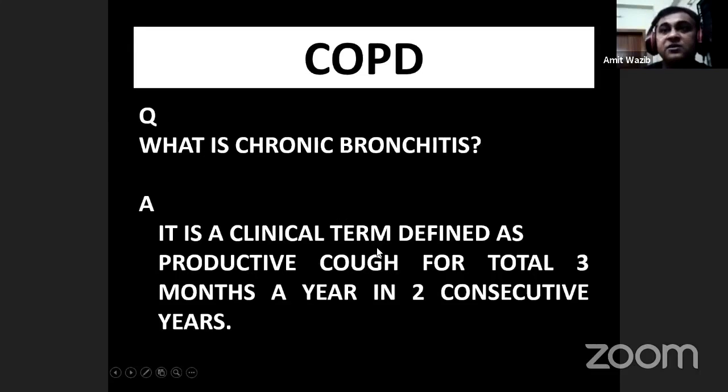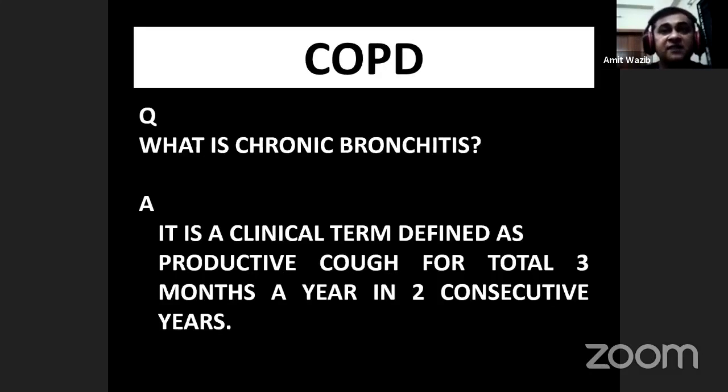So the cough with expectoration, cough with sputum production, it may not be continuously 3 months. It may be 1 month, then half month, then 2 months, like that. But total in 1 year, there should be 3 months history of productive cough, not dry cough. Another thing is this history should occur in 2 consecutive years. Okay, this is chronic bronchitis definition.